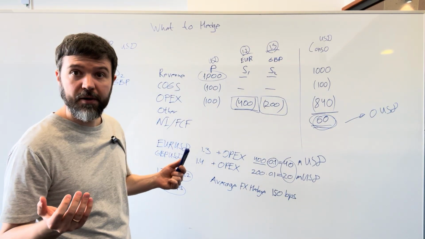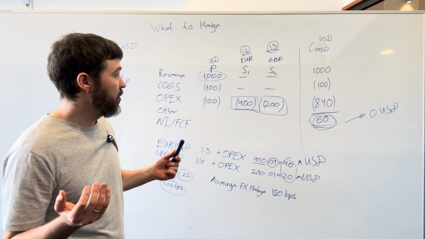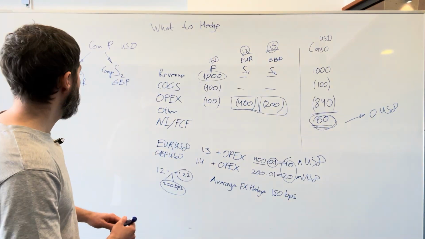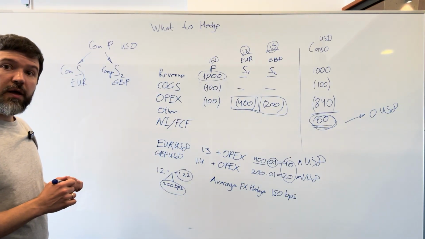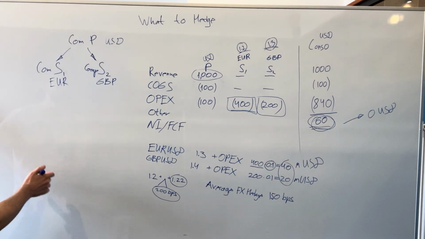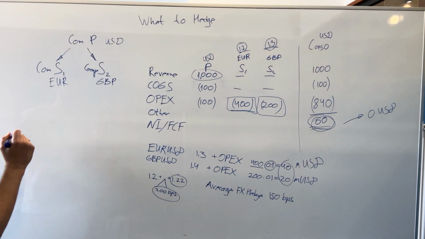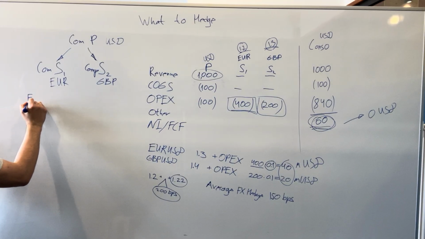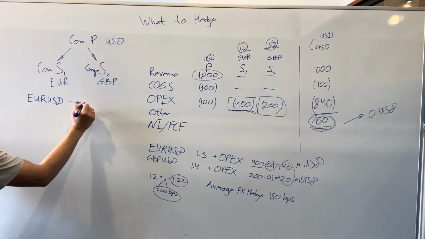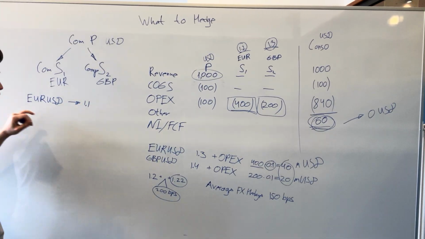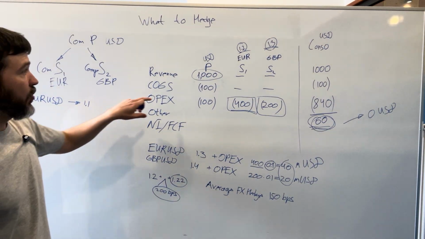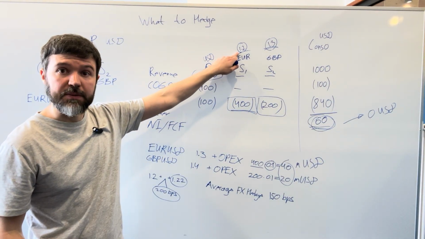But here you will not be able to participate in favorable moves. If the rate goes in your direction, let's say the euro moves to 1.1, you will still have to obey the contract at 1.2 because this is a binding contract.